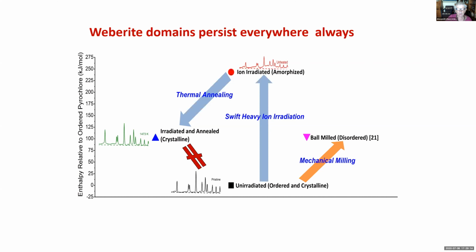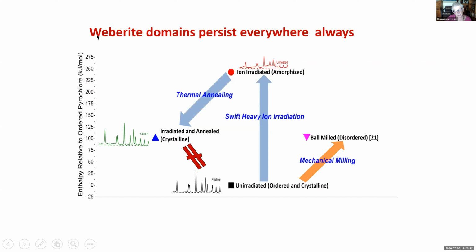I'm not going to get into the structural chemistry in detail, but the Weberite structure in a way is an intermediate in terms of disordering from the pyrochlor, which the ideal pyrochlor is fully ordered. The defect fluorite, the ideal defect fluorite, is fully disordered. The Weberite has a large number of crystallographic sites, some of which intrinsically contain disorder.